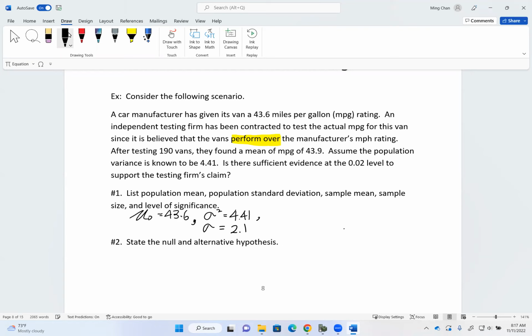The sample mean is 43.9. The sample size is 190. And the level of significance, which is alpha, is 0.02.